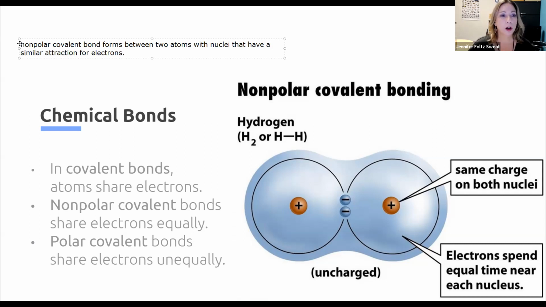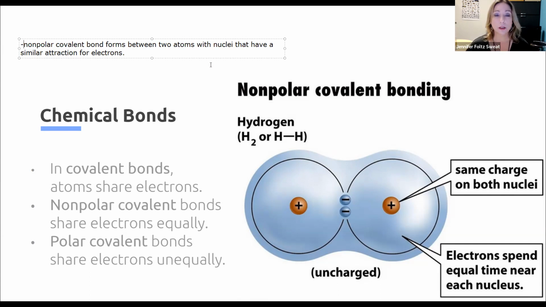Non-polar covalent bond forms between two atoms with nuclei that have similar attraction for electrons. So it's almost like saying they are the same size magnet. You don't have a super huge magnet and a little one, they're about the same size.